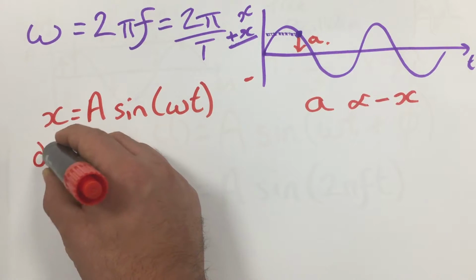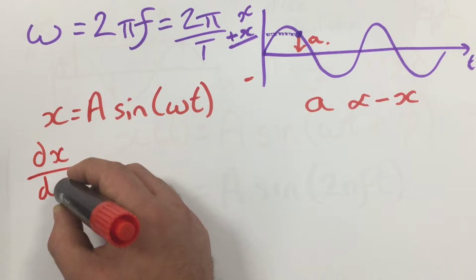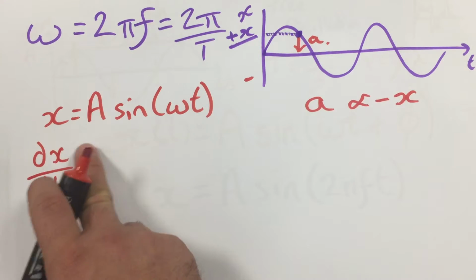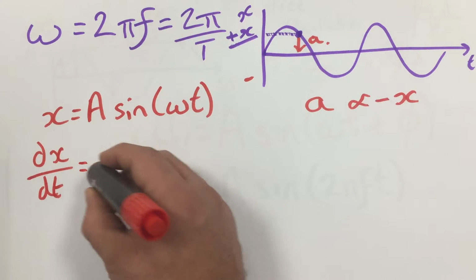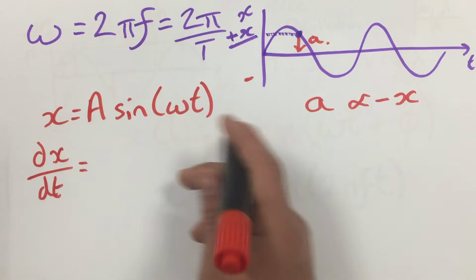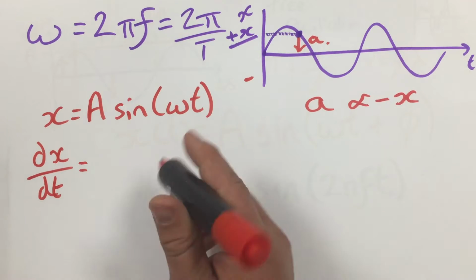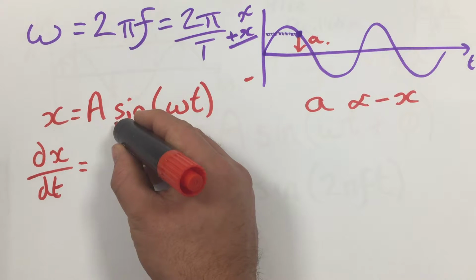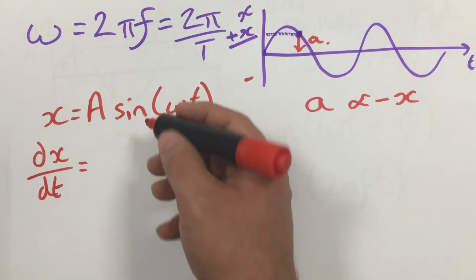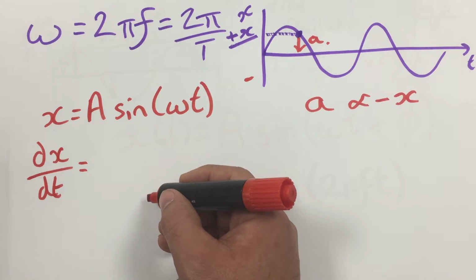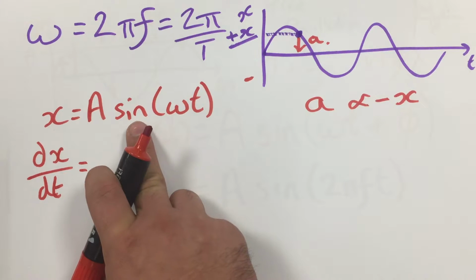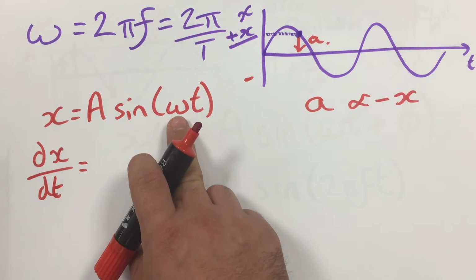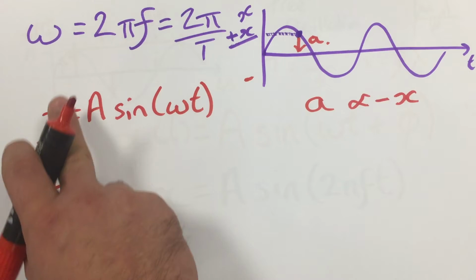So we have dx by dt, which is the velocity, is going to be equal to, now A is a constant, so that doesn't change when we differentiate it. When you differentiate sine, that will turn into a cosine, and because we're differentiating it with respect to time, the time isn't factored into this, but the omega will be taken outside the bracket.